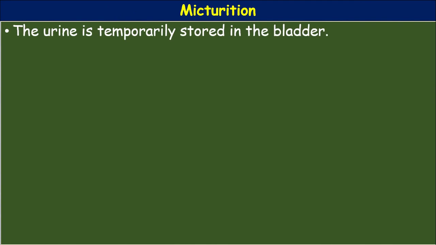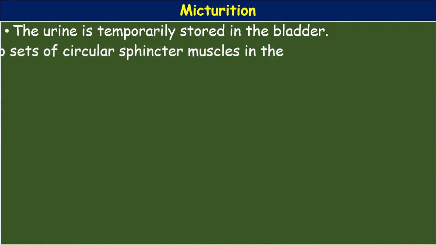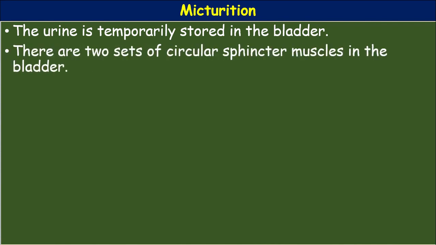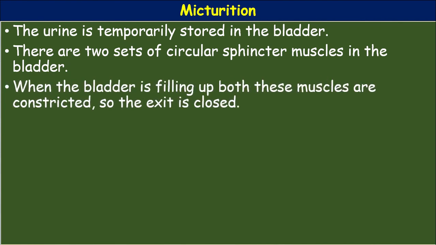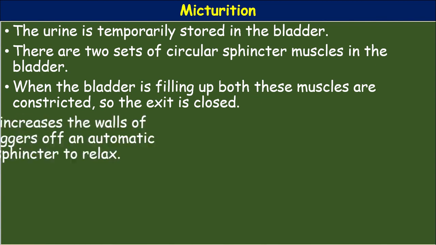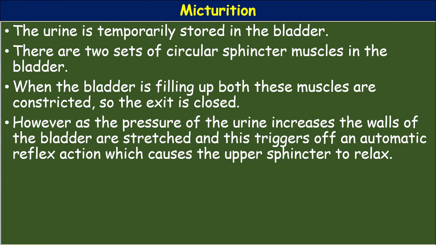Last, the process of elimination of urine is called micturition. The urine is temporarily stored in the bladder. Then there are two sets of circular sphincter muscles in the bladder. When the bladder is filling up, both these muscles are contracted or constricted, so the exit is closed.